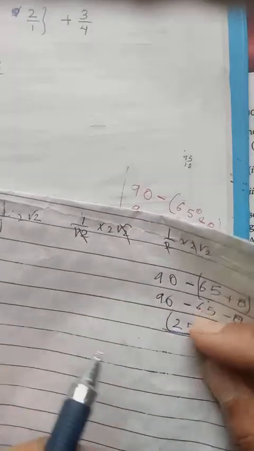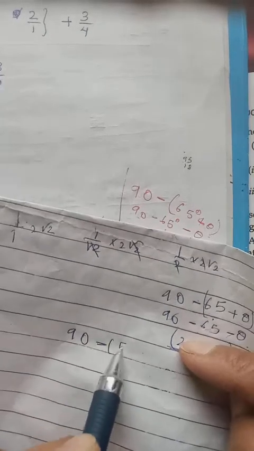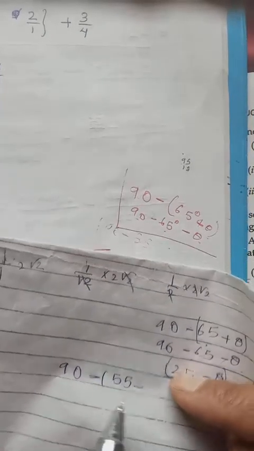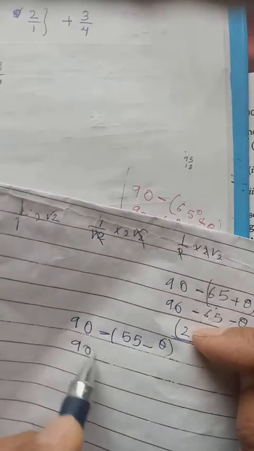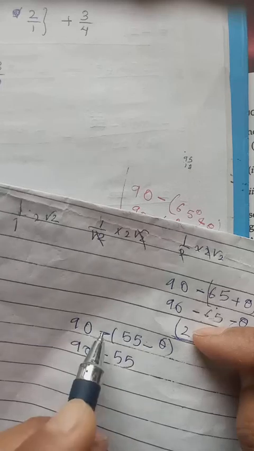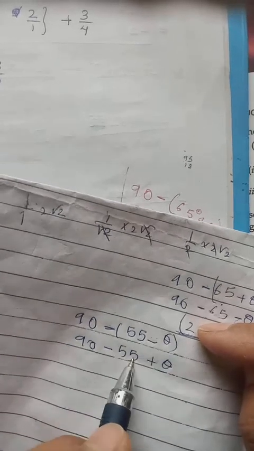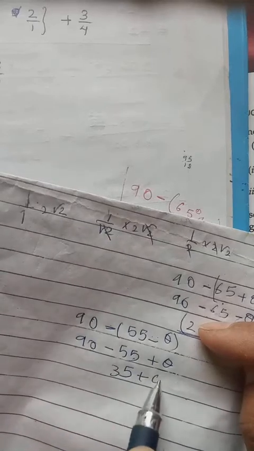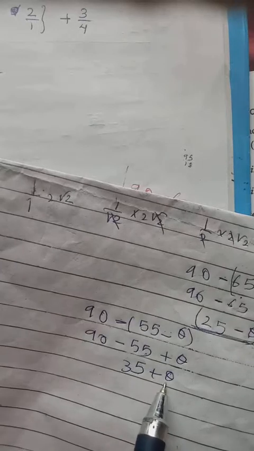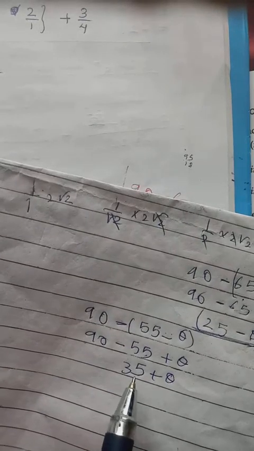So let us again find the value of theta: 90 minus (55 minus theta). So it will be 90 minus 55, minus into minus plus theta. So 90 and 55 we can subtract, there plus theta. 35 and theta we cannot add because one has an alphabet, one has no alphabet.